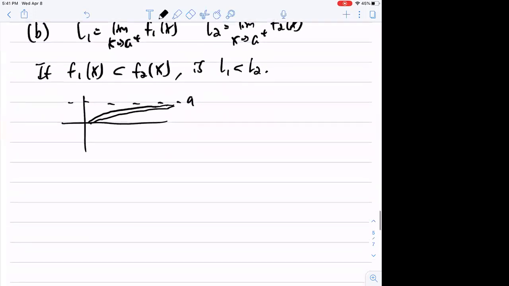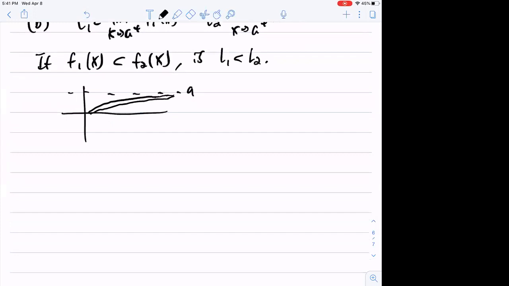So here, an easy example would be something like f1 of x is, let me think, 1 minus 2x, and f2 of x is 1 minus x, right?